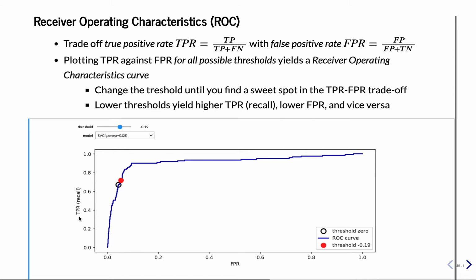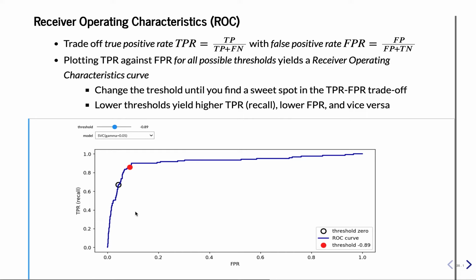I want to increase my true positive rate. I can do that by lowering the threshold. Right? So if I lower the threshold, both my true positives and false positives will go up. If the true positives goes up, my true positive rate goes up. If my false positives goes up, my false positive rate goes up. Right? So you can see that lowering the threshold increases both values.